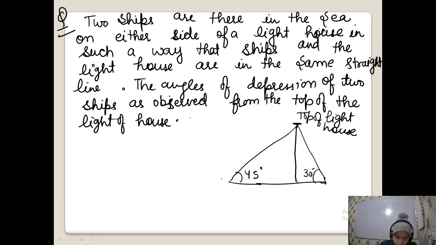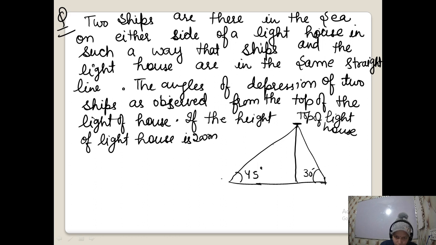And in the question it has written that if the height of lighthouse is 200 meter, that is given, 200 meter, we have to find the distance between the two ships.